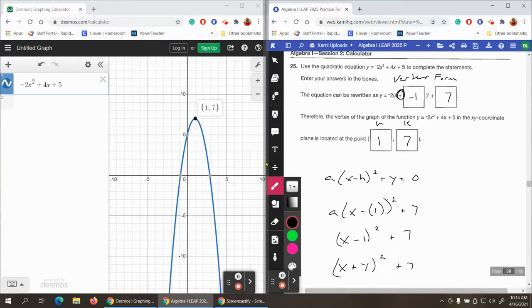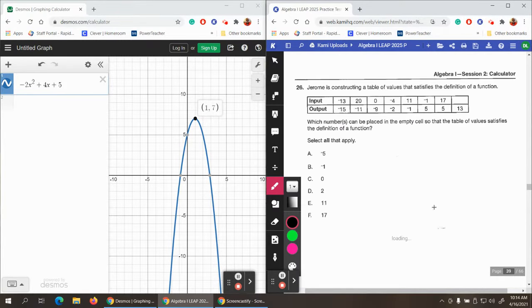So you need to make sure that you check your answers, put it in Desmos. This here must match this. They have to match in Desmos. If they don't match, you did something wrong. You got the wrong answer.